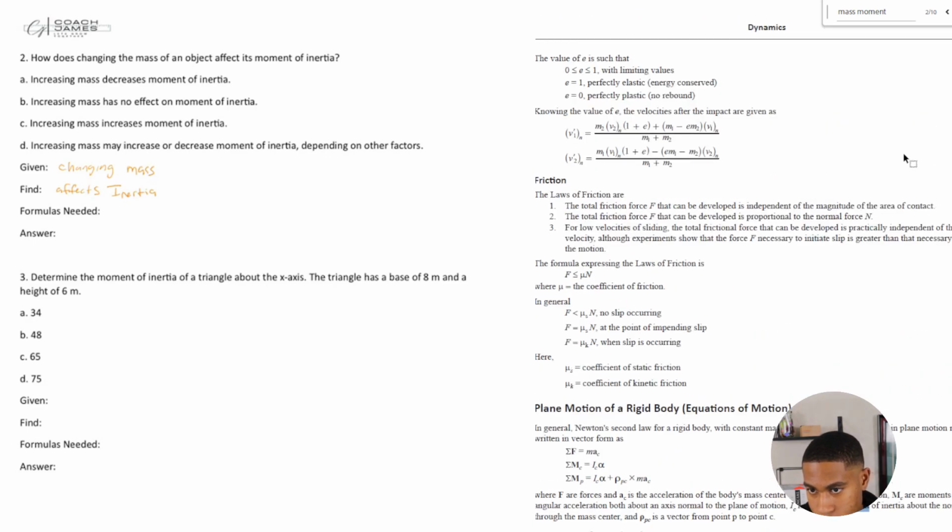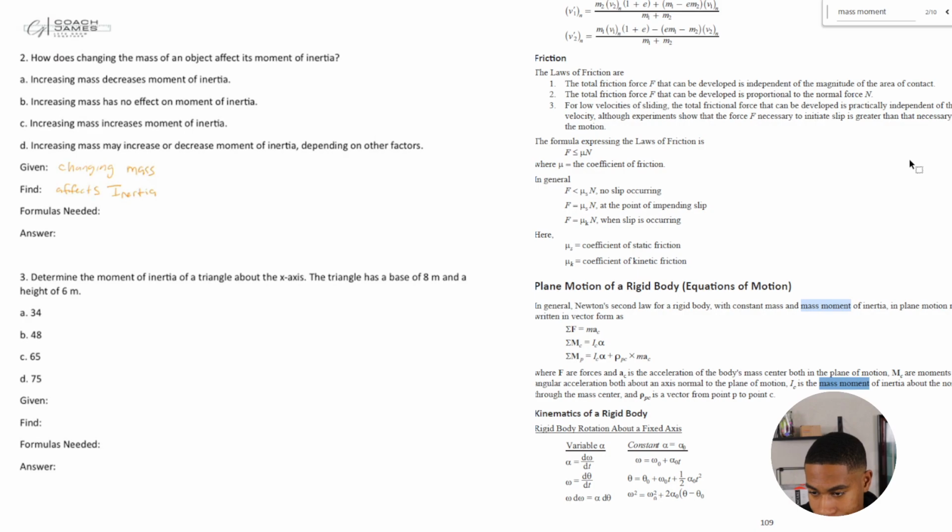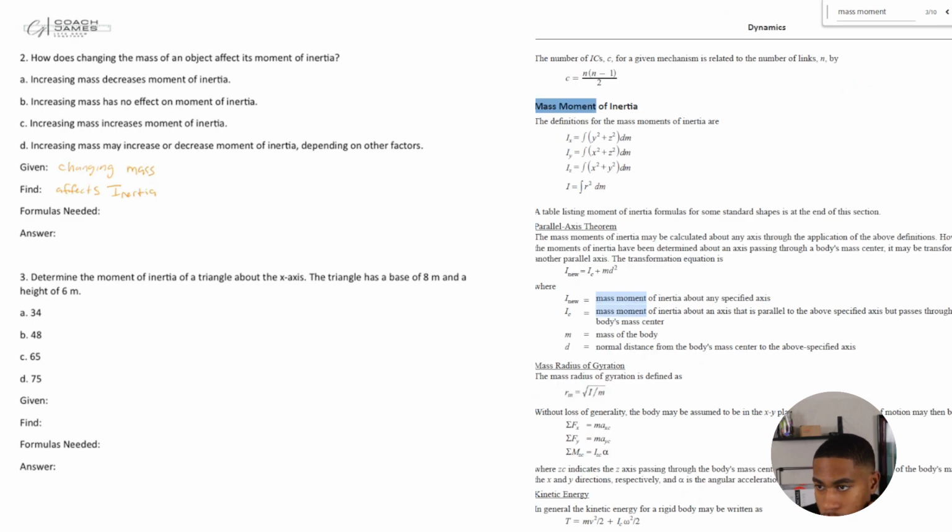All right, so let's look at what section we're in. Dynamics. Okay. Definitions for mass moment of inertia. Mass moment of inertia about any specified axis.